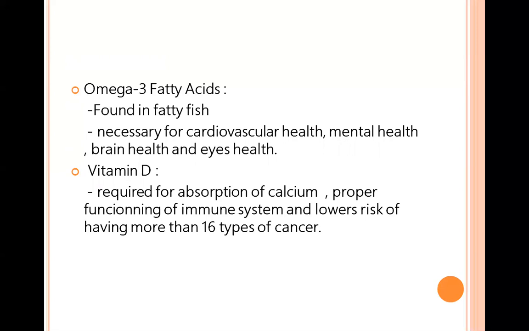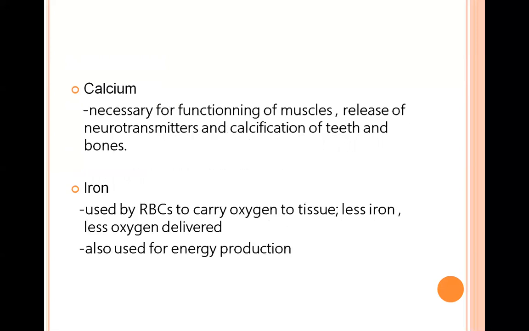The vitamin D is required for the absorption of calcium, proper function of the immune system, and lowering the risk of more than 16 types of cancer. So pay attention to this. What about calcium? This is obvious; you know the physiology of the calcium channels.